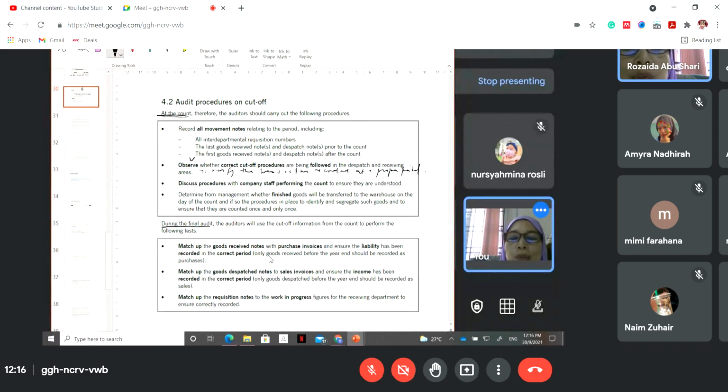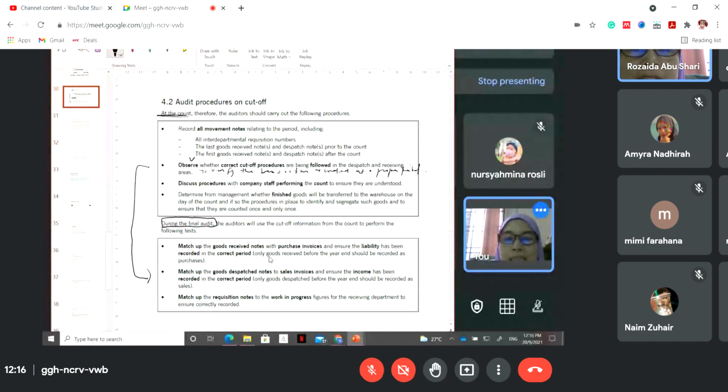So when you do the cut-off procedure at the final audit, during the substantive test procedure, you have to look at different procedures.